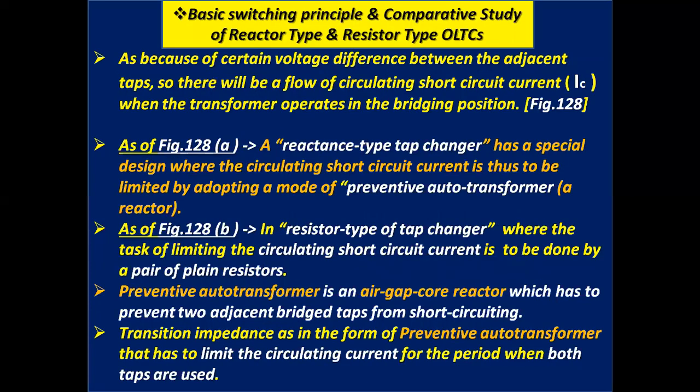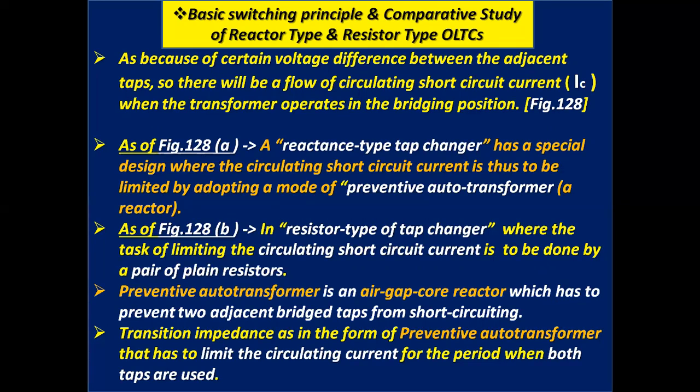Basic switching principle and comparative study of reactor type and resistor type OLTC. Because of certain voltage difference between the adjacent taps, there will be a flow of circulating short circuit current IC when the transformer operates in the bridging position.